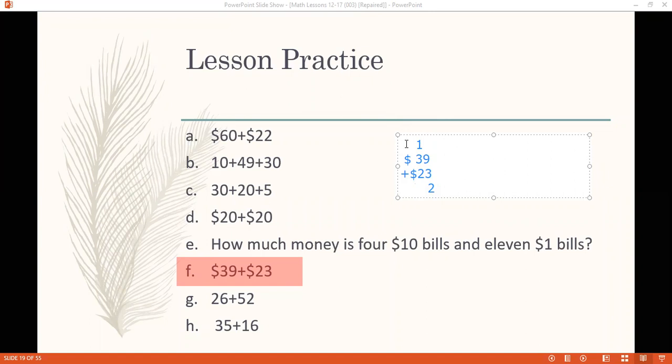Okay, so what is 1 plus 3 plus 2? It is 6. So our sum of $39 plus $23 equals $62. And always remembering to box our answer when we're done with it and showing our work.